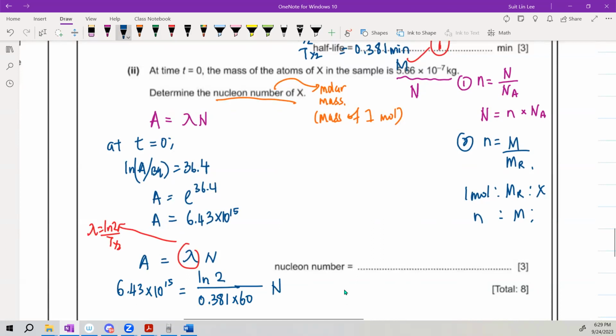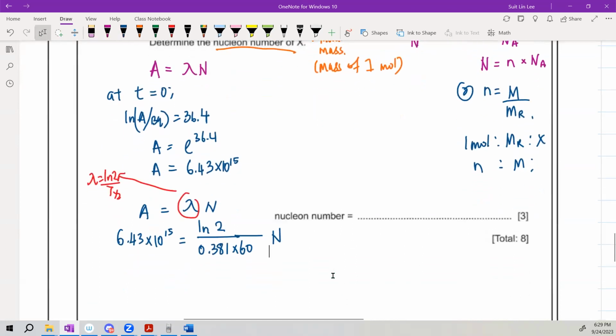N. So I'm looking for N. 3 times 10 to the power 15 divided by 2. So this would be 2.12 times 10 to the power 17 particles.